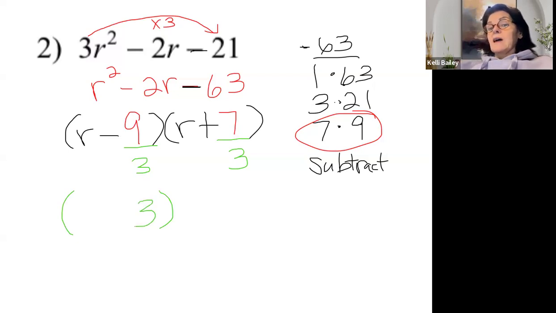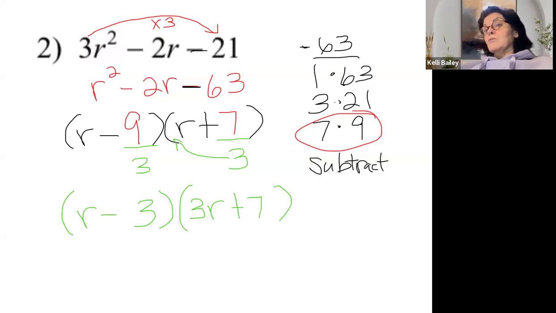So I get to keep that one just like that, r minus 3. In my second quantity, 7 divided by 3 gives me a decimal. So I can't do that. I have to put the 3 in front of the r. So 3r plus 7. And I'm not going to go through multiplying it out to check, but you can do that if you would like.